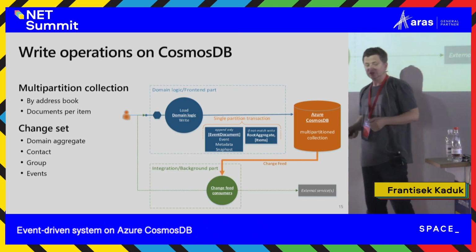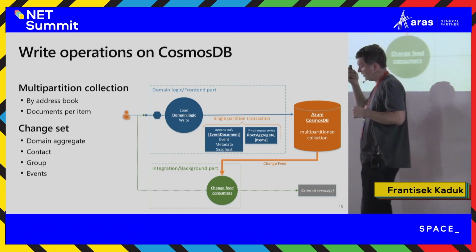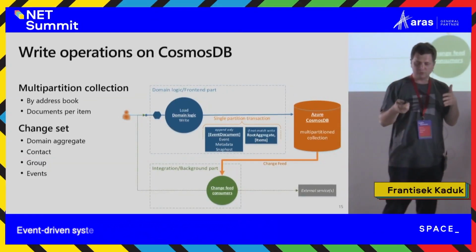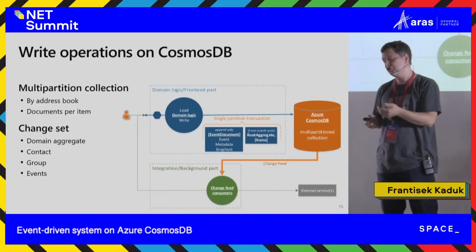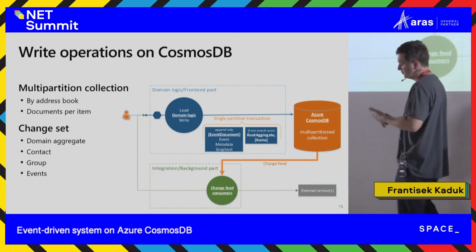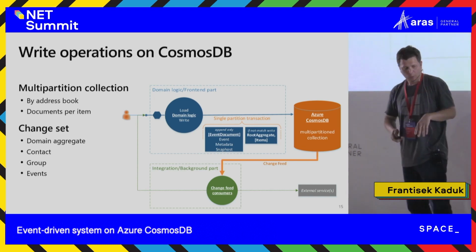So let's look just briefly at how it looks. We split the collection per user. So basically, the partition ID is the user ID, and we store a document per basically each item. So we have documents of types like contacts, groups, user, events, and so on.